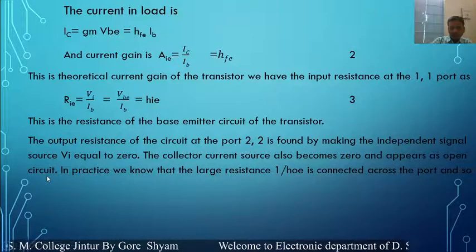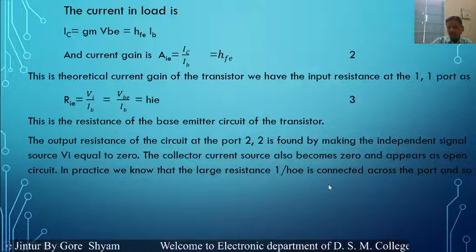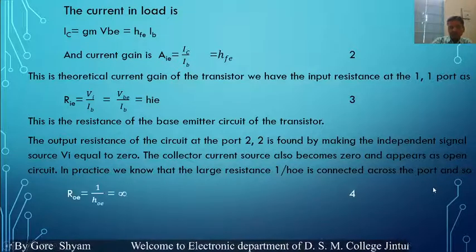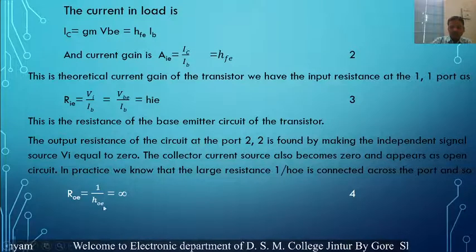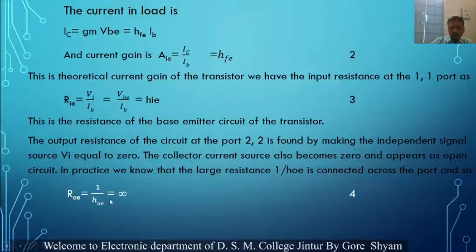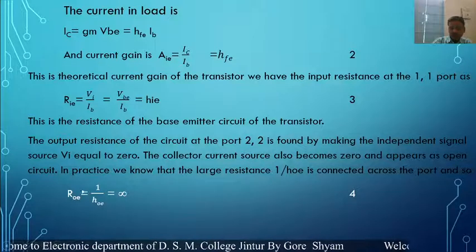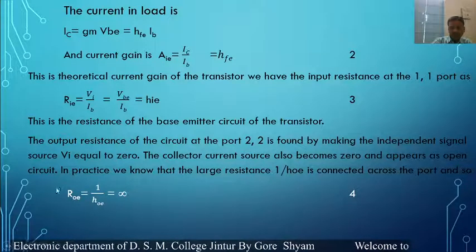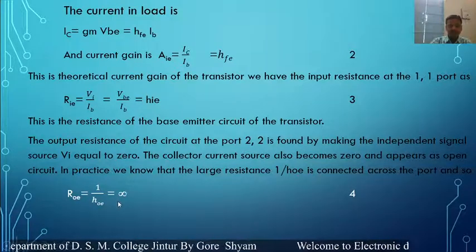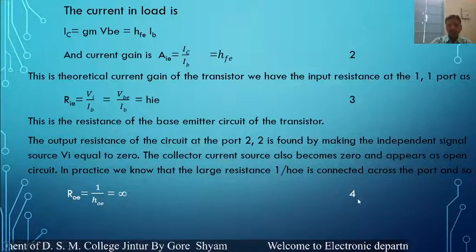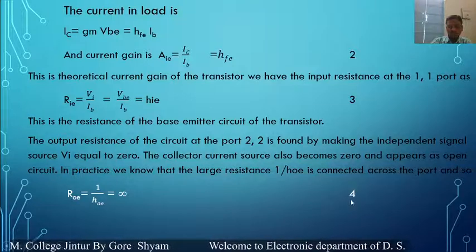In practice, we know that a large resistance 1 divided by hOE is connected across the output port. So, ROE is equal to 1 divided by hOE, and the value of hOE is very small. Therefore, this is nearly equal to infinity. So, the output resistance of common emitter amplifier is equal to 1 upon hOE, and that is equal to infinity. This is equation number 4 for the output resistance of common emitter amplifier.